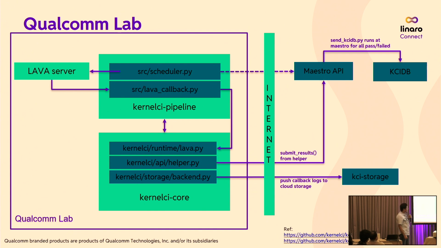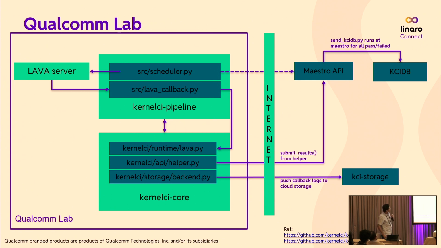There is one microservice running there called LAVA callback, which helps us pass the result in the way the Maestro API likes. Using this, we submit the node to the Maestro APIs. The Maestro API node then syncs the data to the core DB, which they call the core KCI DB. Then you can see through the dashboard how it looks.